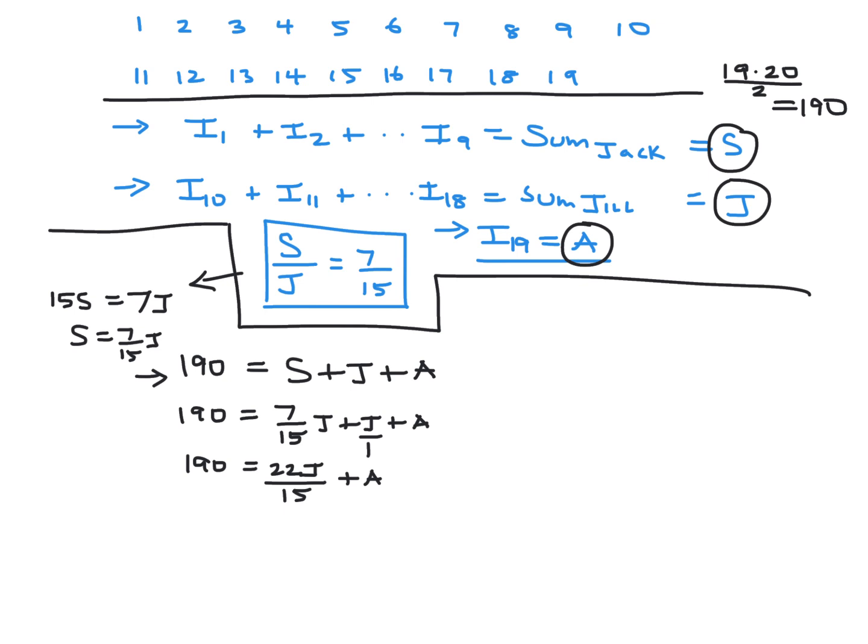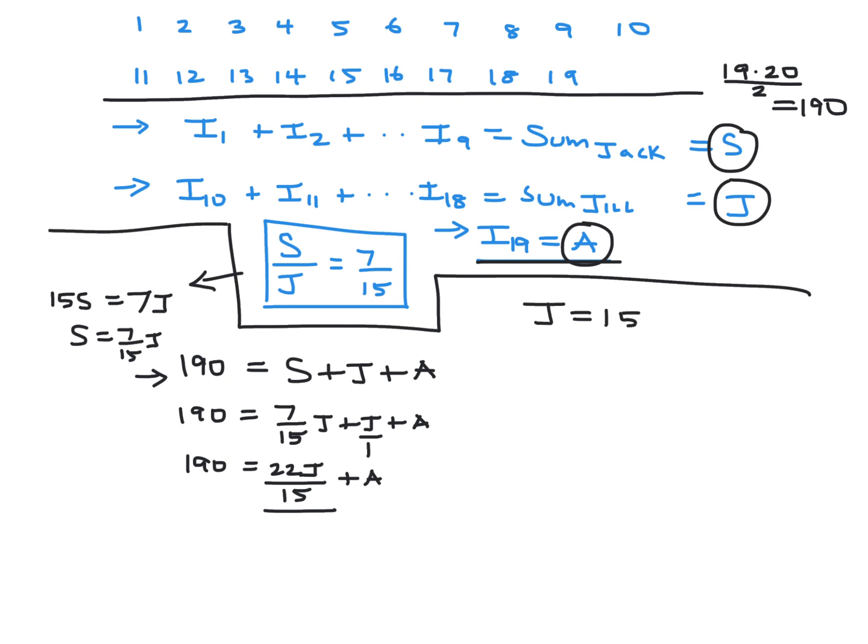Let's see, what can I do? Now these are all integers, so that term there has to be an integer, right? Because if you add it to A, which is an integer, we've already defined that, it's going to equal 190, and 190 is an integer. So that means that J must be a multiple of 15 in order for that to be an integer.